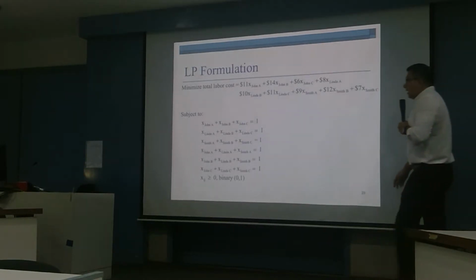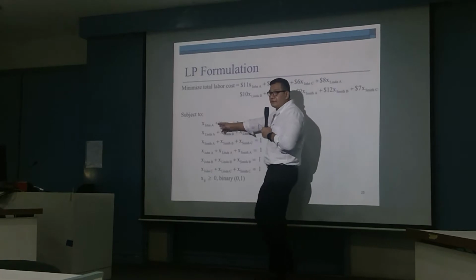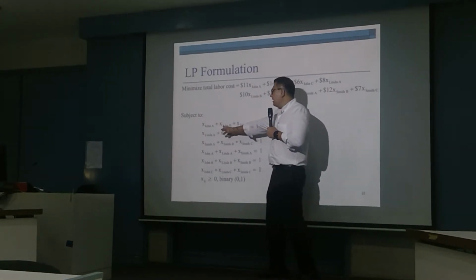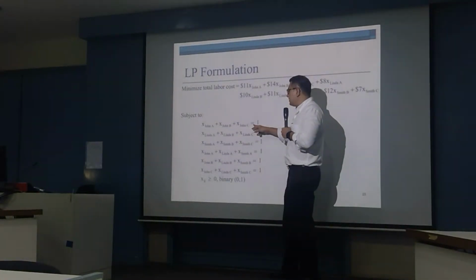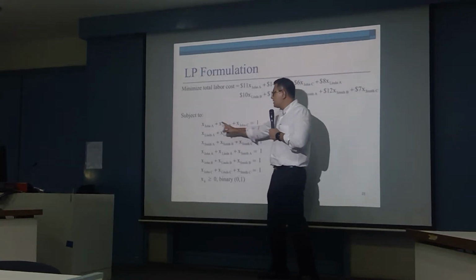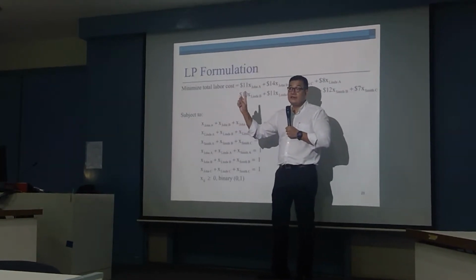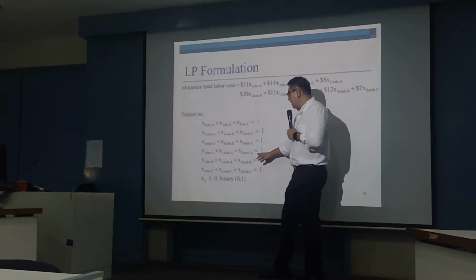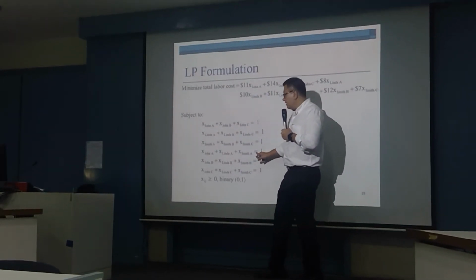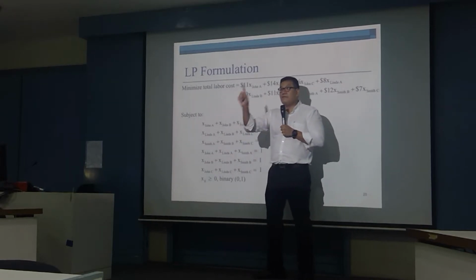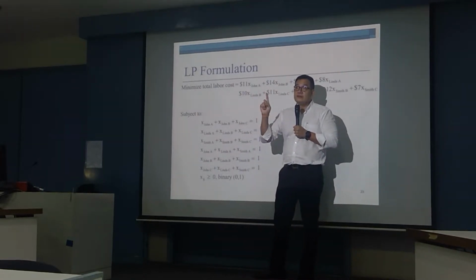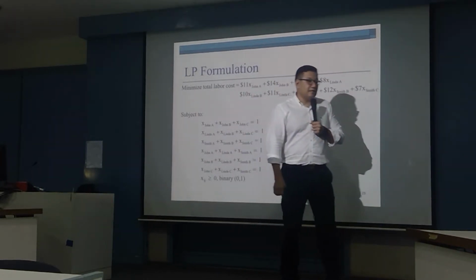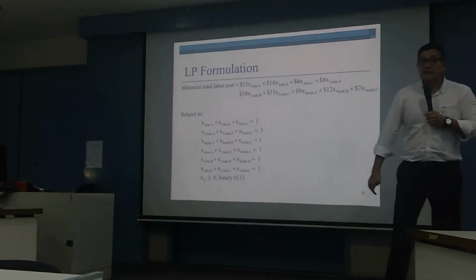Looking at the constraints, x John A plus x John B plus x John C equals 1, which means John can do just 1 project. Or x John A plus x Linda A plus x Smith A equals 1, which means project A can be performed by only 1 person. This is an example of the constraints.